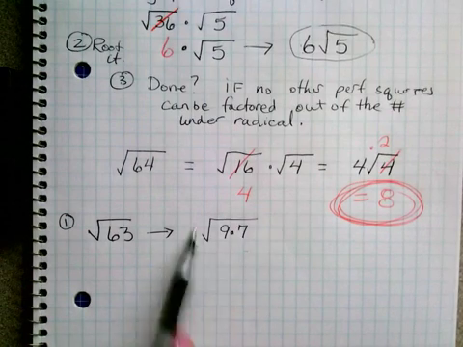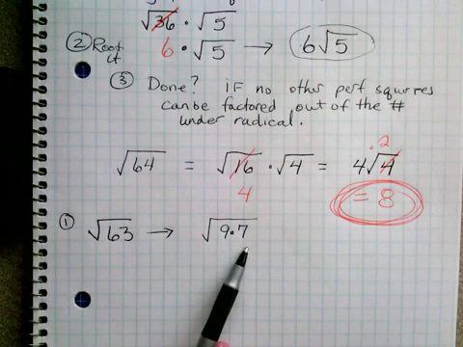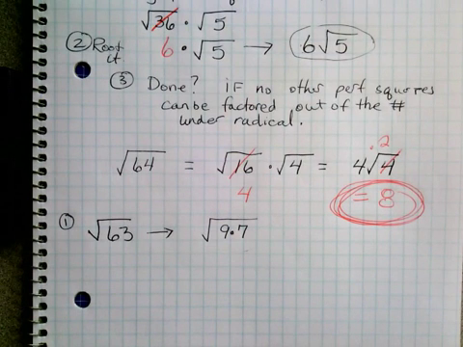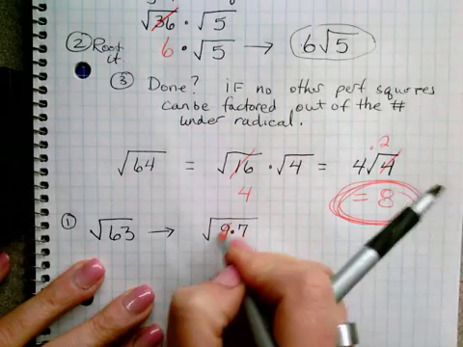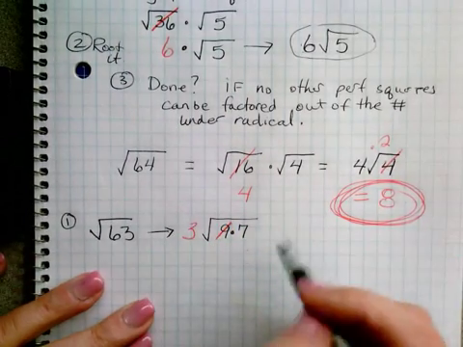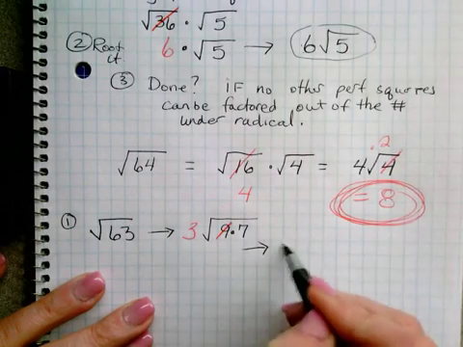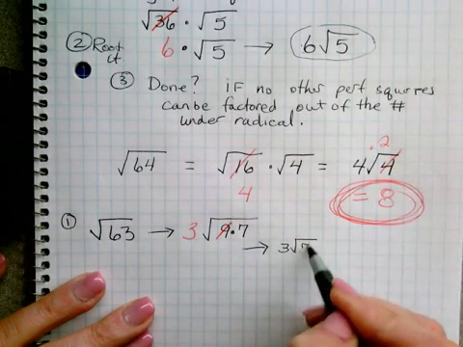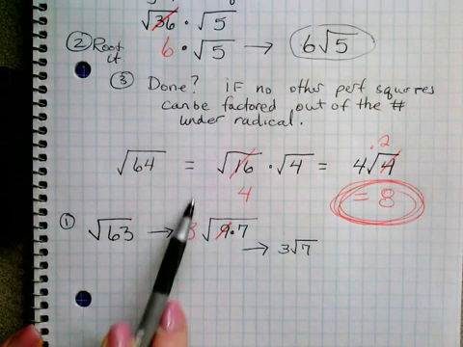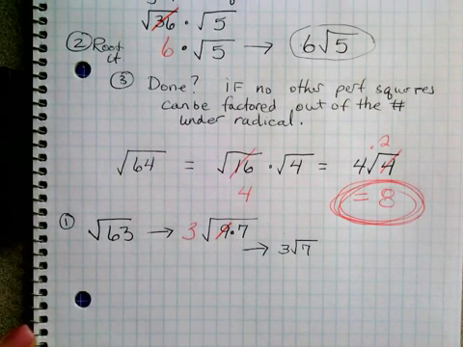Okay, oftentimes I'll just write it like this instead of writing it like that. Same idea. 9 is a perfect square whose square root is a 3. What you are left with is 3 radical 7. The 9 has a root of 3, therefore the 3 came out.